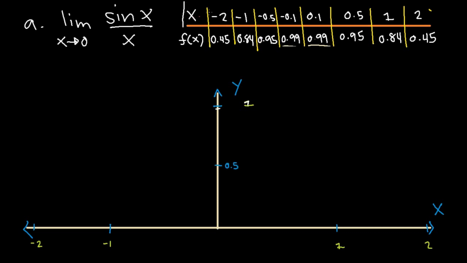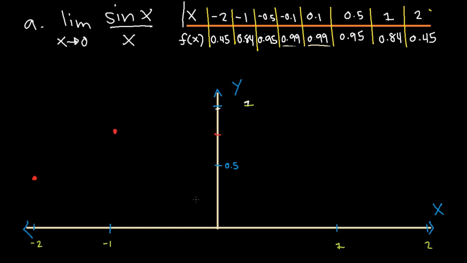So i-plot na nato. So sa negative 2, imong value sa y is 0.45. So that's around here. Tapos sa negative 1, 0.84. So that's around here. Since diri is 0.5 and this is approximately 0.84.